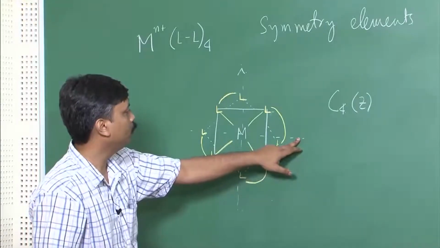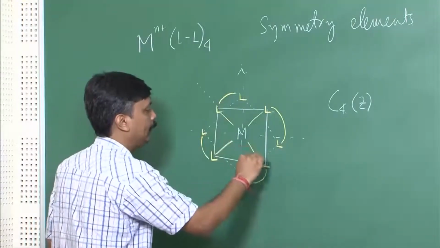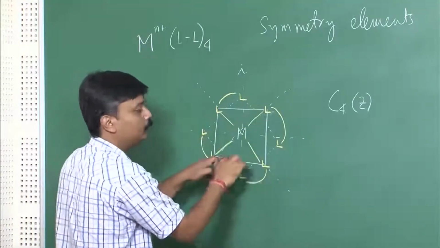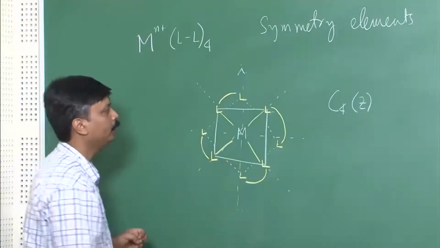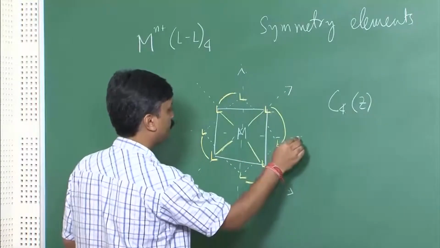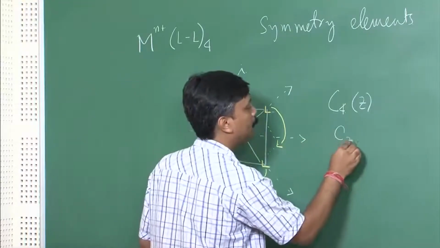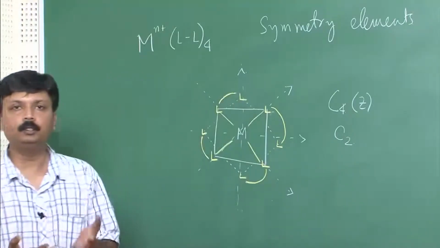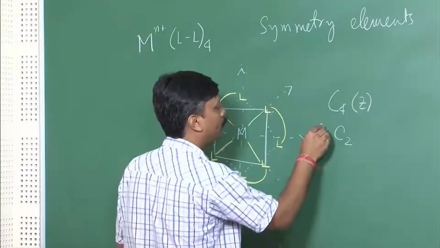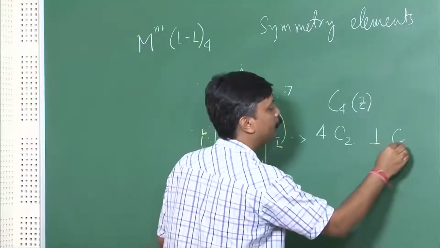It is also possible to find perpendicular C2s along the diagonals of this first square, you can see. So we have got 4 C2s which are perpendicular to the principal axis, C4 here.